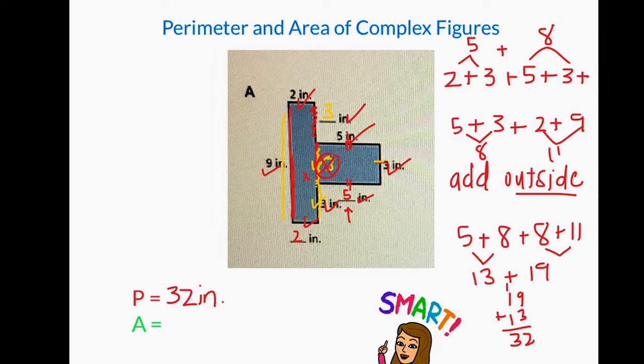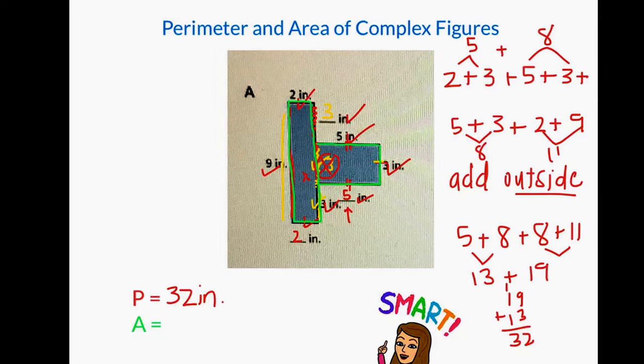When we're looking for the area, I'm going to have to go back and remember the 2 original figures that I split this complex figure into. That was a long, tall rectangle here and a rectangle off to the right. Now I know the dimensions of these rectangles. The tall one is 9 by 2, which remember I find area by taking length times width when I'm dealing with rectangles.